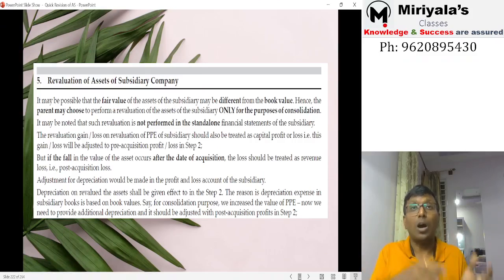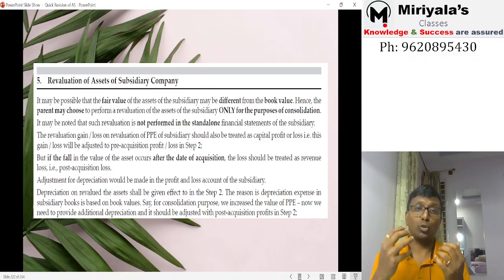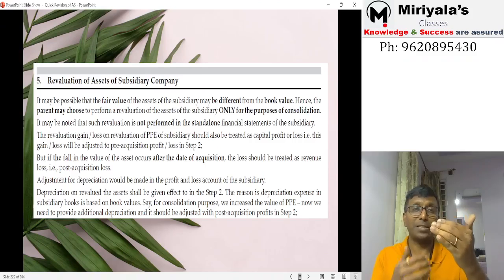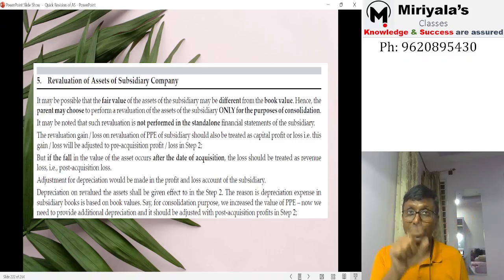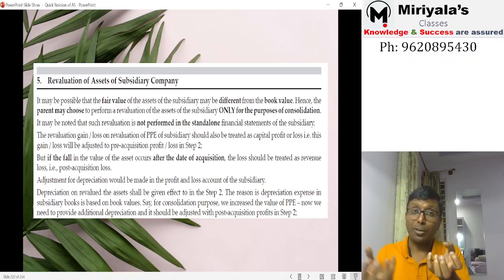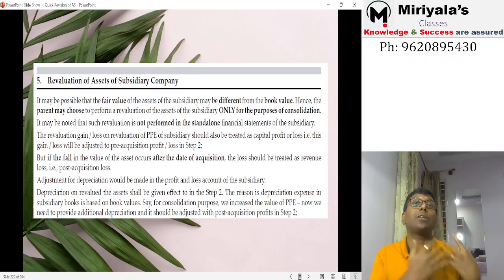But whenever you are considering it for consolidation purposes, you are supposed to revalue the assets. Revaluation may be plus or minus. So under step number 2, the revaluation reserve as on the date of acquisition, whatever the plus or minus number, should come. Suppose one asset is increased, you are incorporating such revaluation in the standalone financial statements only for the purpose of consolidation.